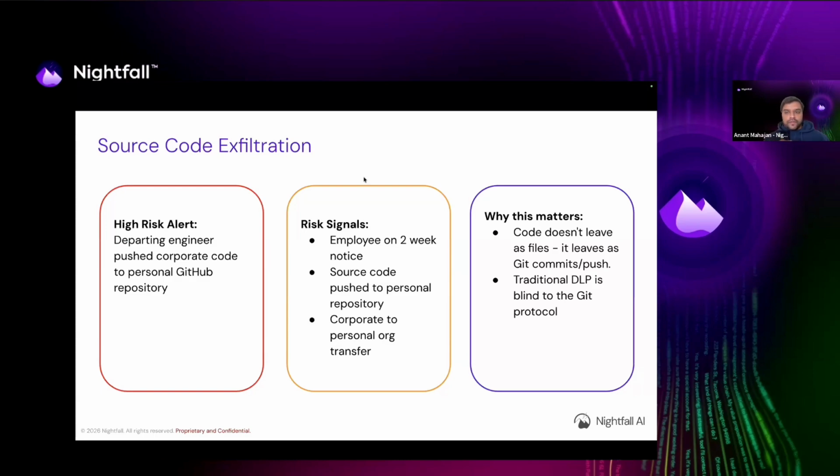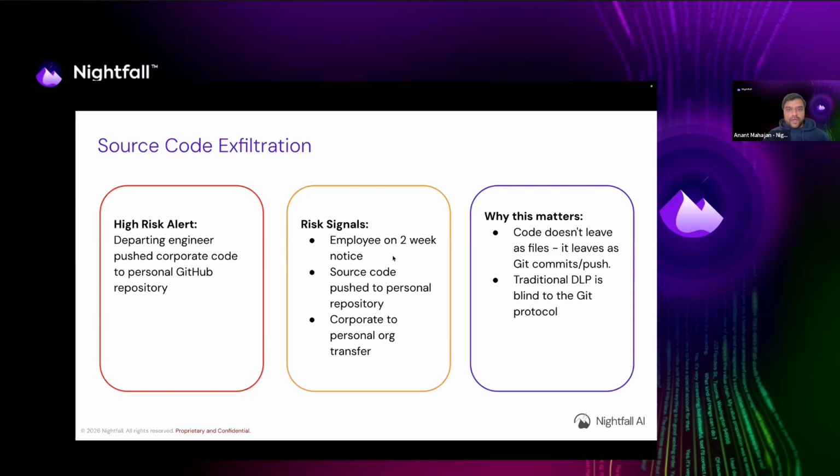And this code doesn't leave as files. The exfiltration vectors that we've talked about so far relate to either file system activity, clipboard activity, or browser activity. But in the case of Git commands, the endpoint agents, or the traditional endpoint DLP vendors, are blind to any exfiltration that may be happening via some of these protocols or these commands.